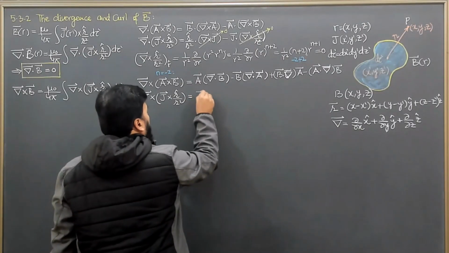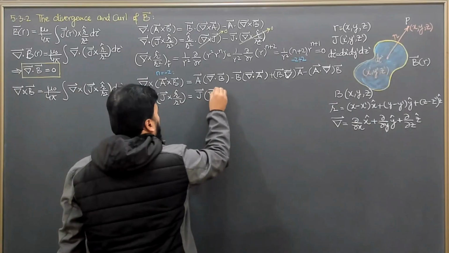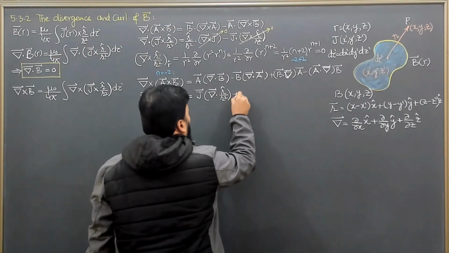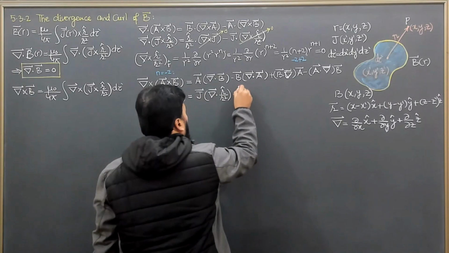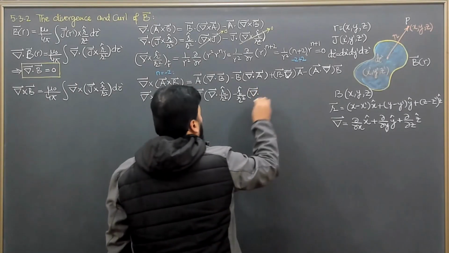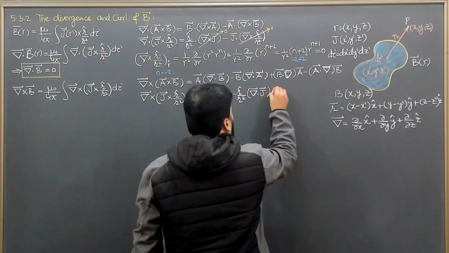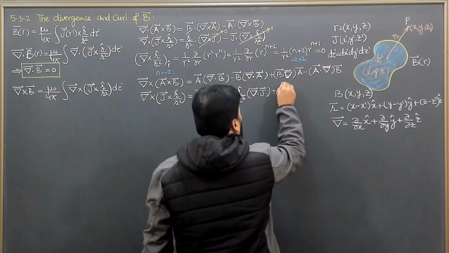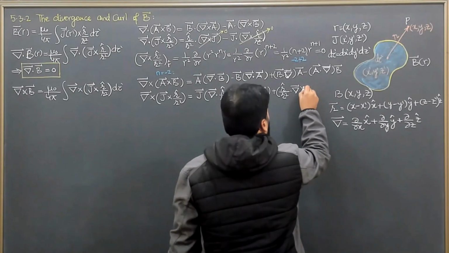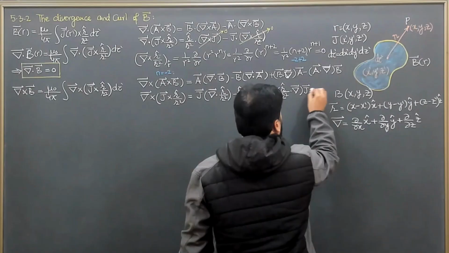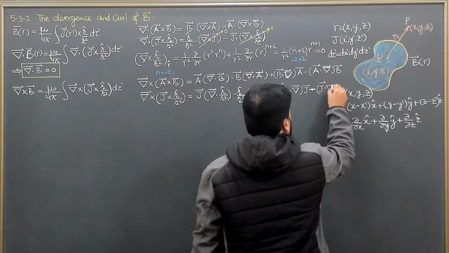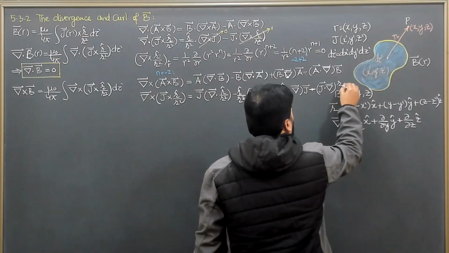So this is J times the divergence of R unit vector over R squared, minus R unit vector over R squared times the divergence of J, plus R unit vector over R squared dot del acting on J, minus J dot del acting on R unit vector over R squared.